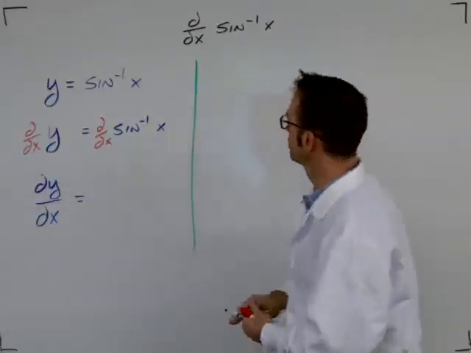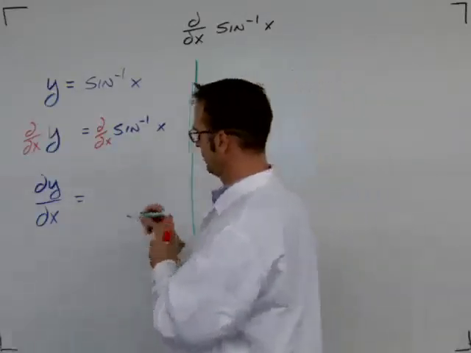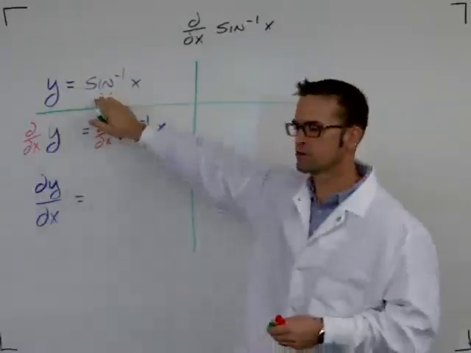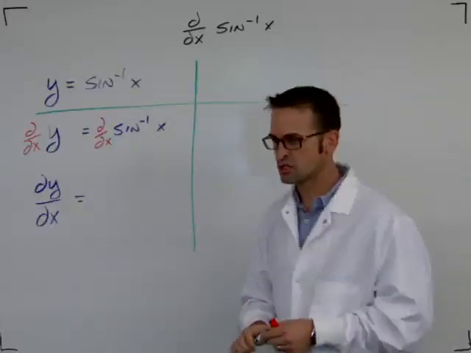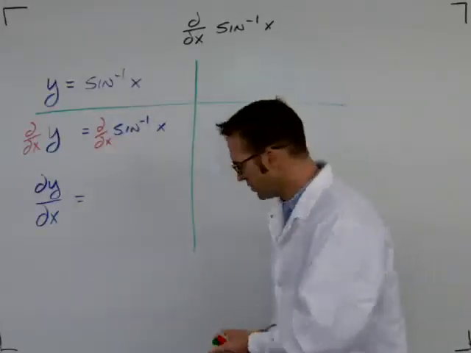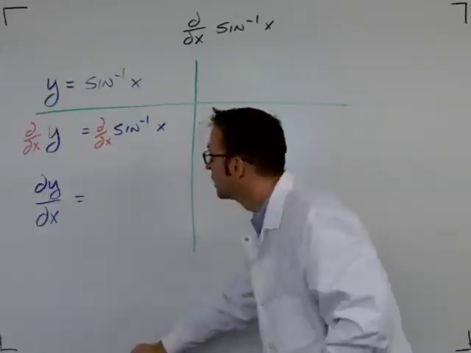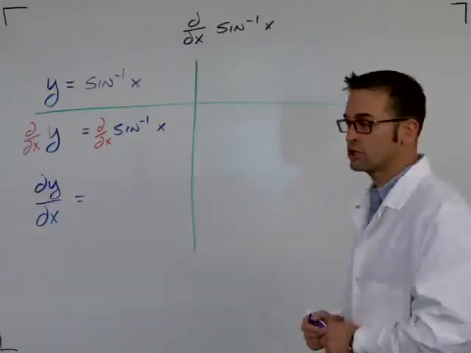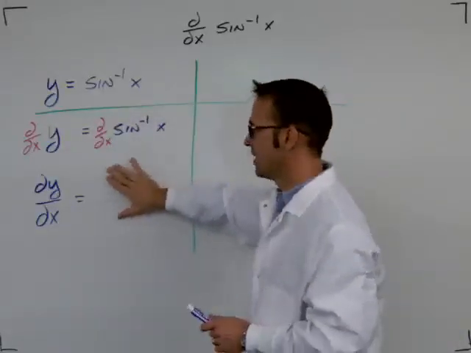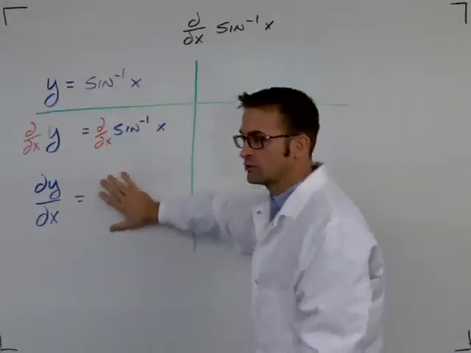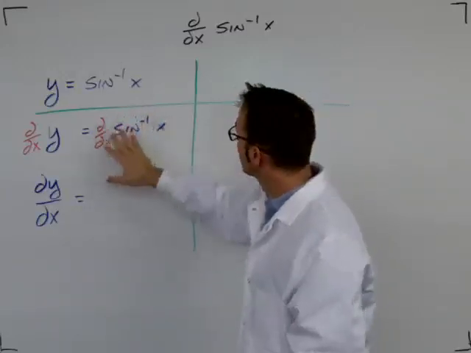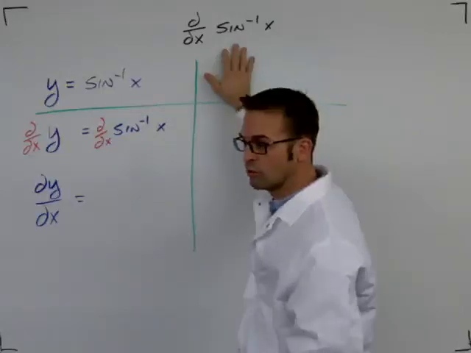What I'm going to do is come over to this side, taking that very first statement that I made, y is the inverse sine of x. I'm going to write the relationship that I know. When I have a statement like this, I was not able to find the derivative of y with respect to x. I know it's stated here, but all I've done is just restate what we're looking for.